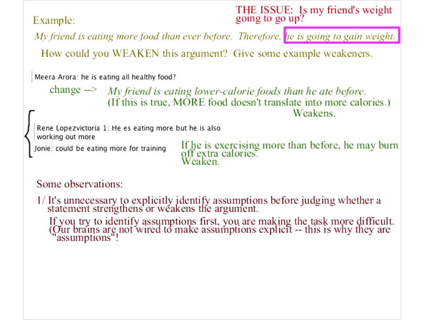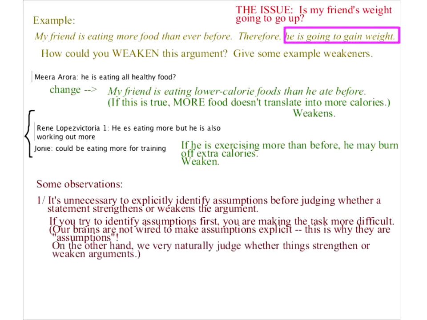We very naturally judge whether things strengthen or weaken arguments. When you're 5 years old, you have no idea what an assumption is, but you can totally strengthen and weaken arguments already. Let's say you knock a baseball through a window, and your dad is really mad at you and says you put that baseball through the window. You can already weaken that argument.